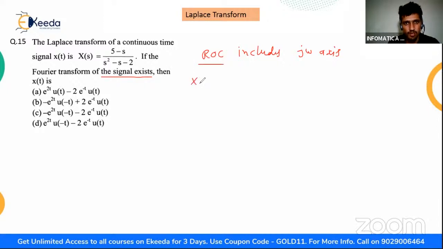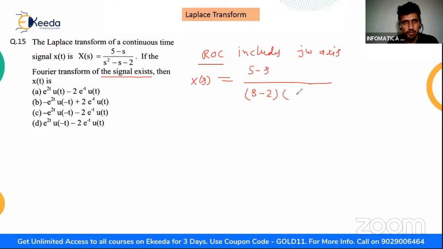So they mentioned that the ROC must include the j omega axis. Then we have to just calculate. What we will do, X(s) we can write as 5 minus s, and we will do some breakup. So this will be s minus 2, basically a factor of this binomial, or you can say quadratic equation. What will be the other? s minus 2s and minus s.